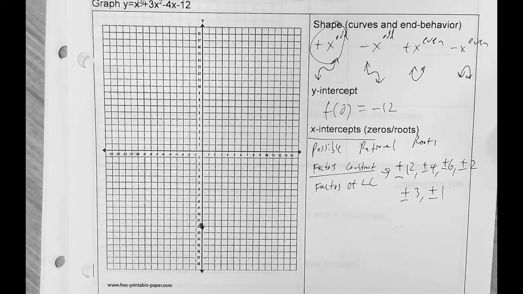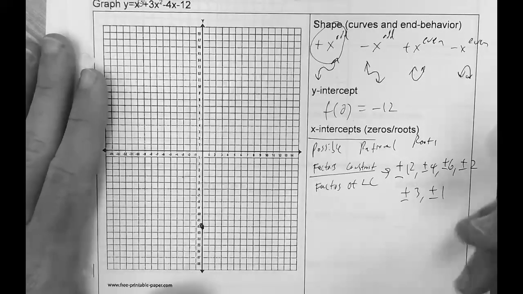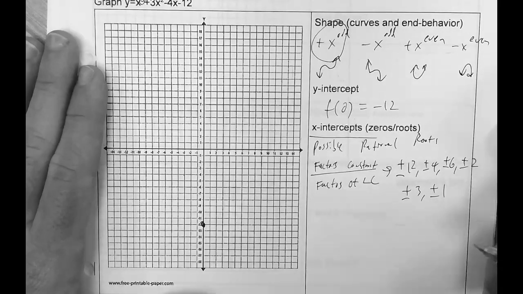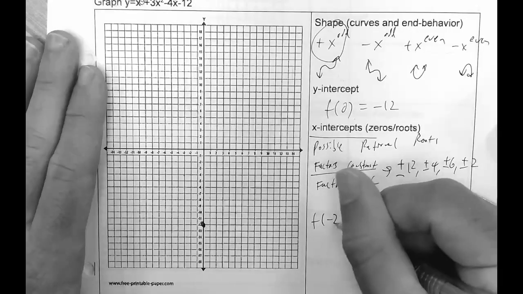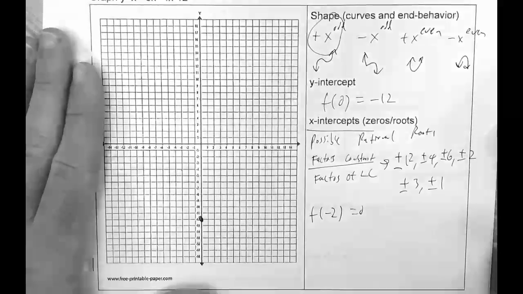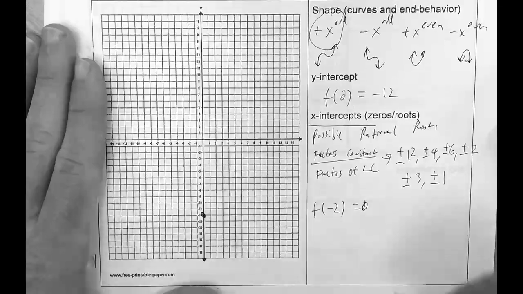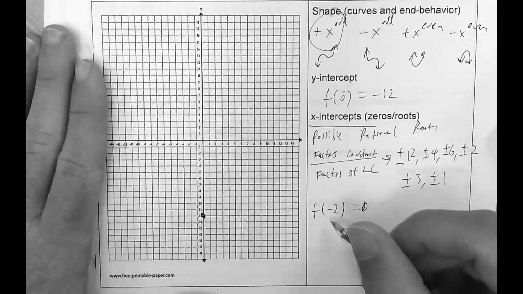But if you went through them, you would find eventually that f of -2 is 0, right? So by trying, you would see that f of -2 is 0. And once you get one of them, then you know what to do. You divide by that 0.